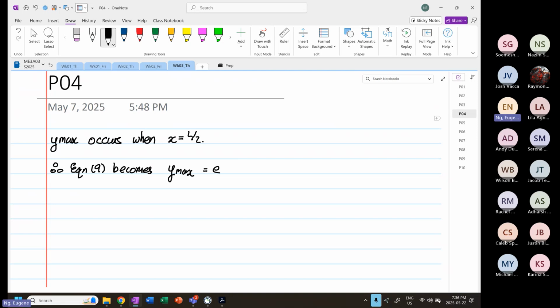Y max will be equal to e, then we have tangent pL over 2, and then we have sine pL over 2, and then plus cos pL over 2, small p here, not a big P, and then minus 1. Then from here we can rearrange this slightly.